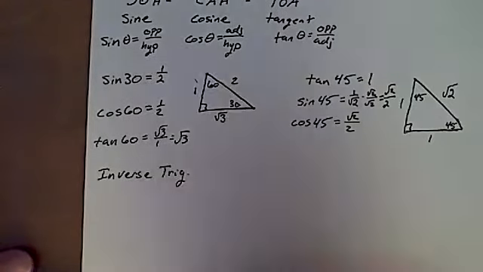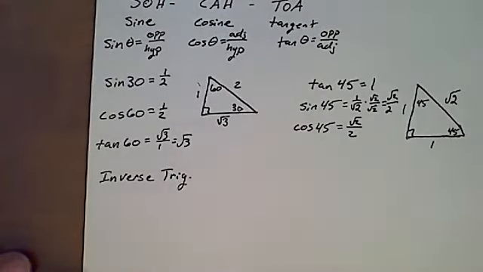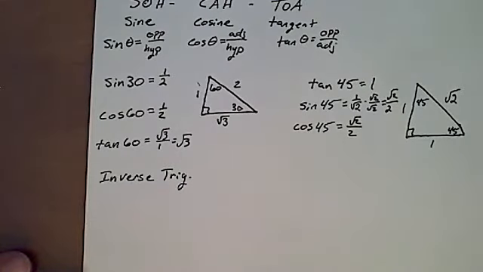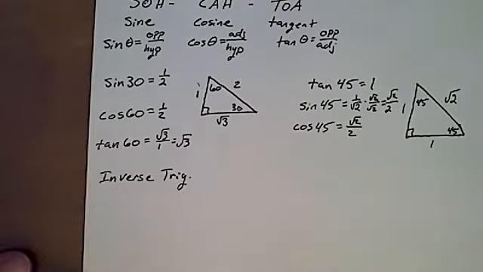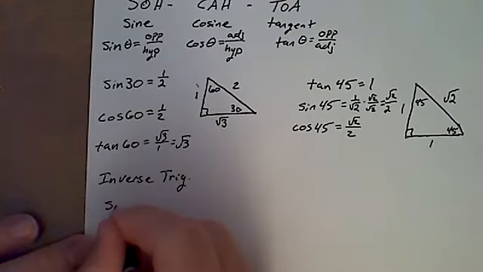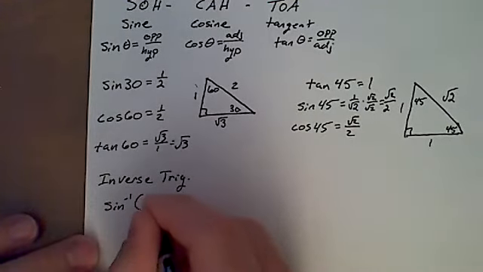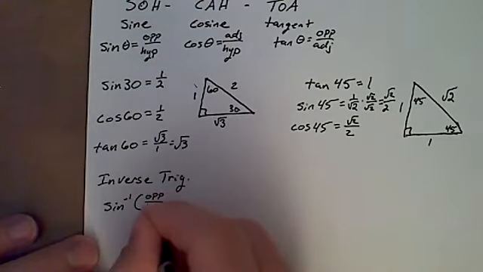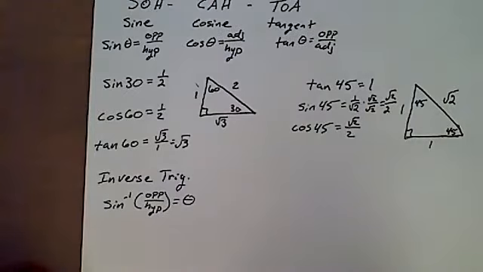All right, so instead of taking the sine of some angle, we take the inverse of the sine of some ratio to get the angle. So in other words, we have the sine inverse of the opposite over hypotenuse is the measure of the angle.